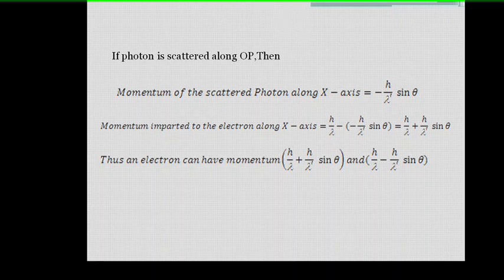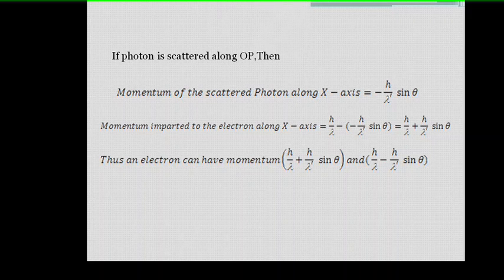Since the term h by lambda in this equation is accurately known, and since the scattered photon can enter the microscope along any other direction making an angle less than theta with the axis of the microscope, the second term represents the uncertainty in momentum.